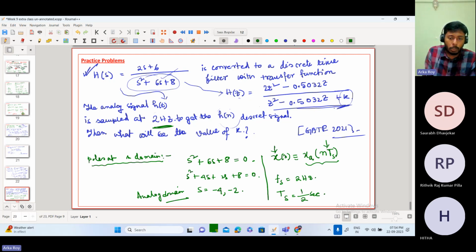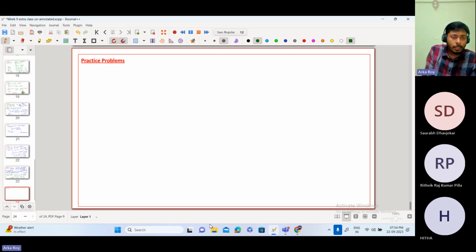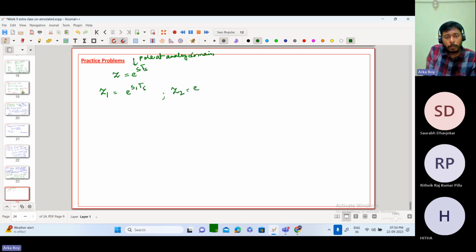Now we have got the pole location in the S domain. So to get the pole location in the Z domain from the IIR filter design, we had seen that z equals e to the power s Ts. This s is basically the pole in the analog domain. So over here, Z1 will be e to the power S1 Ts, and pole 2, that is Z2, will be e to the power S2 Ts.